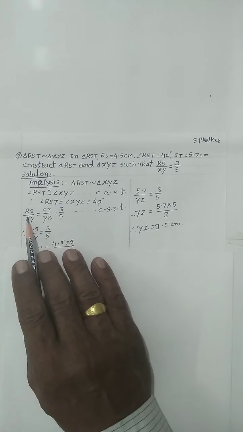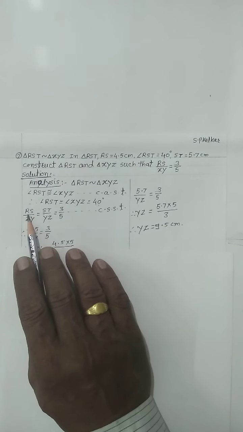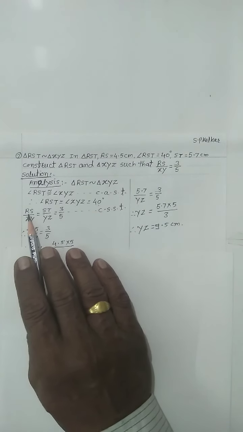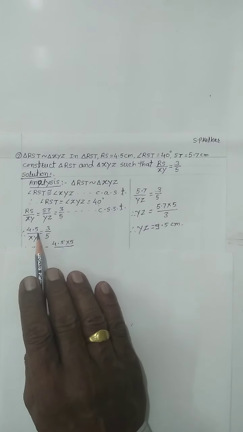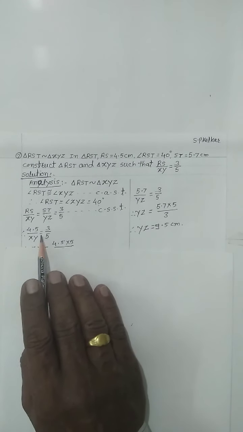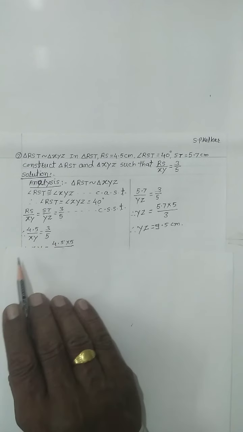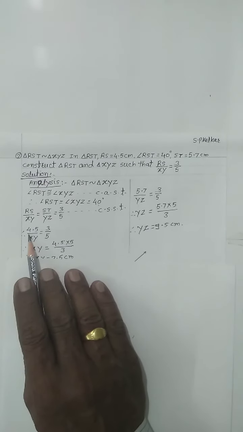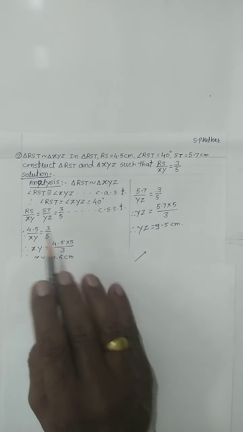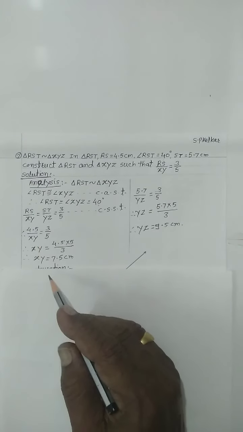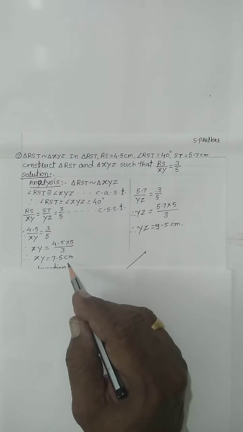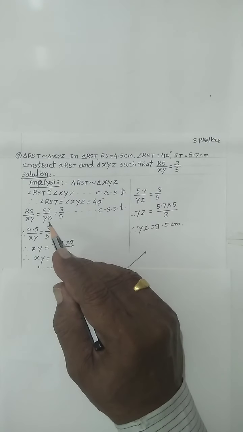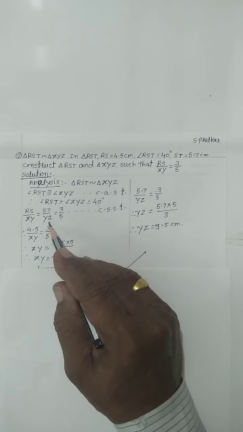Then take first and last ratio. Put the value of RS equal to 4.5 centimeter divided by XY equal to 3/5. Then XY equal to 4.5 into 5 divided by 3. We get here XY equal to 7.5 centimeter. Then take second ratio ST divided by YZ.